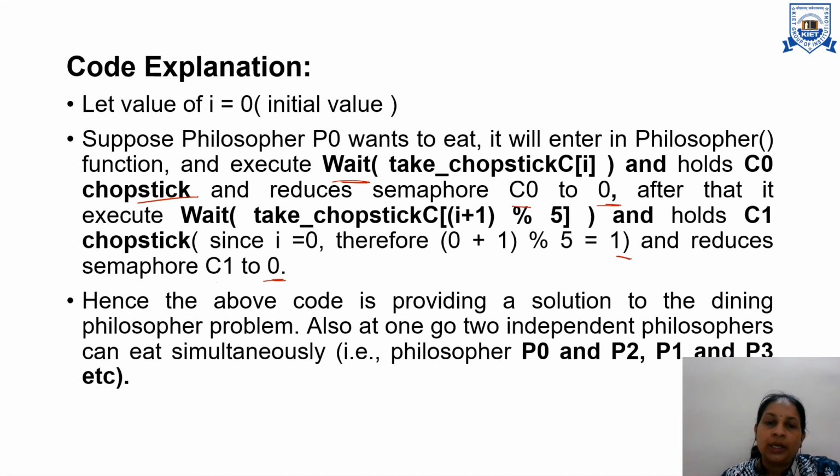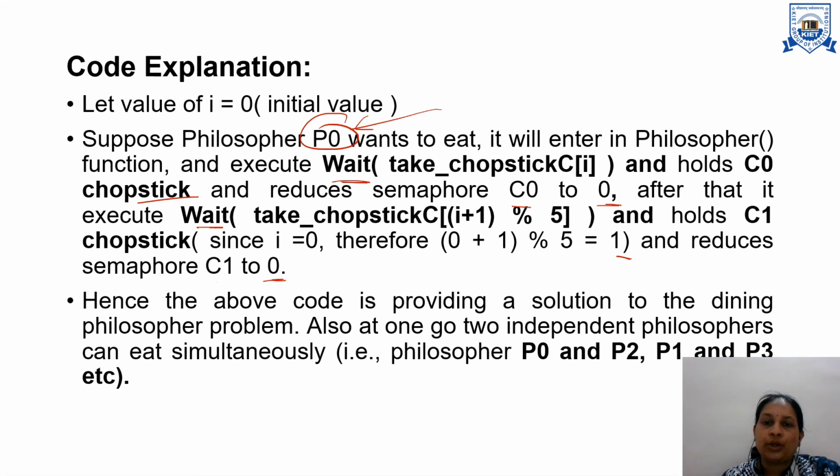So basically, when P0 wants to eat, P0 needs chopsticks C0 and C1, and it will gain these two chopsticks with the help of the wait function for both of the chopsticks. Hence, the above code provides a solution to the dining philosopher problem. Also, at one go, two independent philosophers can eat simultaneously.